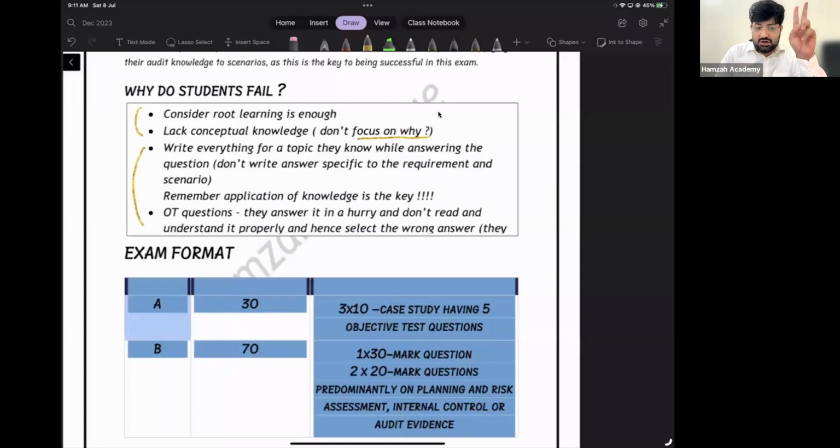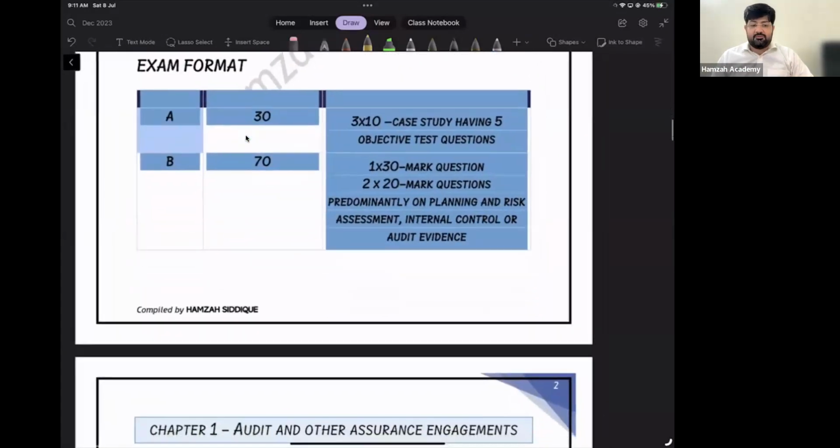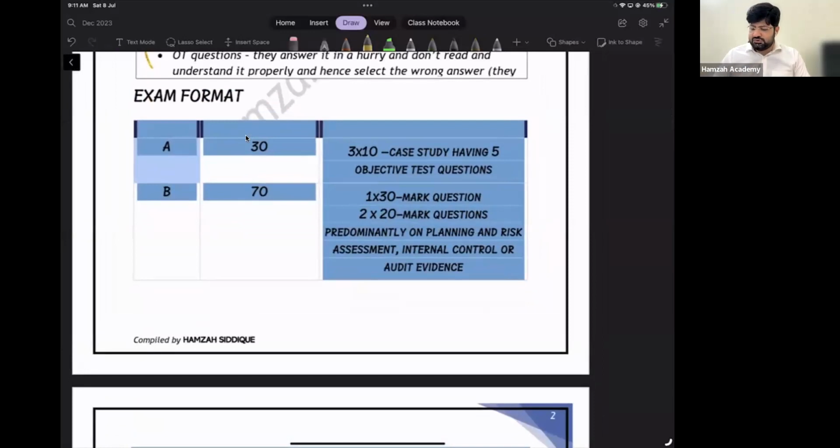I told you two steps are there: conceptual knowledge and exam skills. So we will be talking about both now. Students, the exam format, you know well. Section A has 30 marks, Section B has 70 marks: OTQs, objective test questions, and scenario-based case studies.